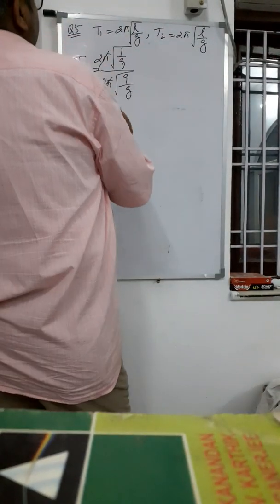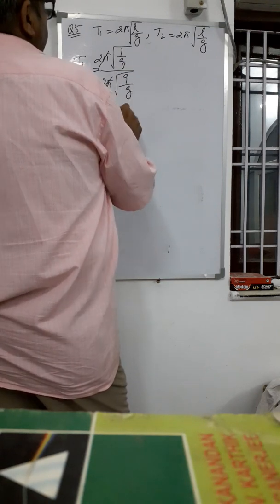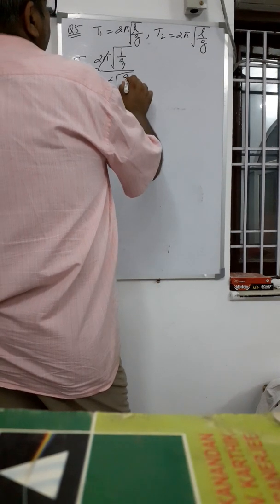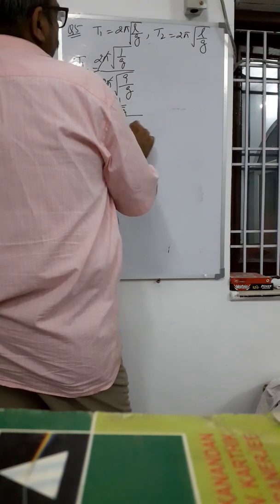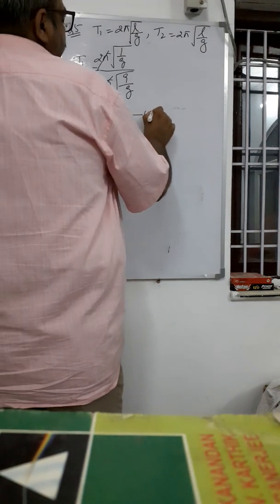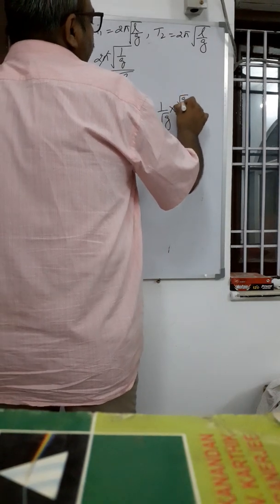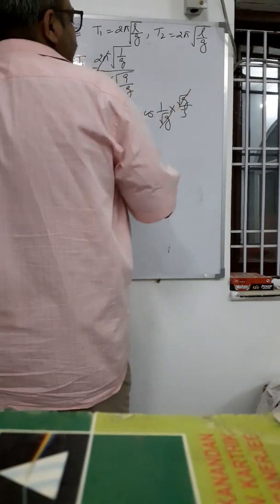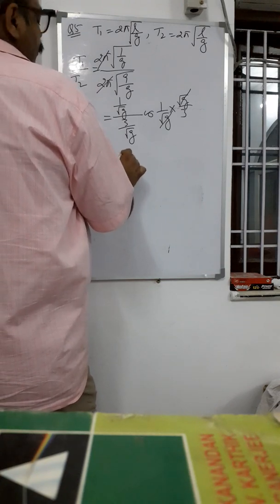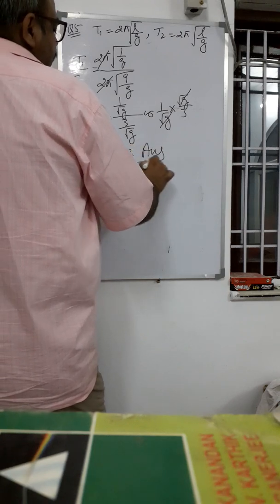So T1 upon T2 will become 1 by root G over 3 upon root G. If I solve it, it will come 1 by root G into root G over 3. Root G cancels. T1 ratio T2 is equal to 1:3. Answer, please check.